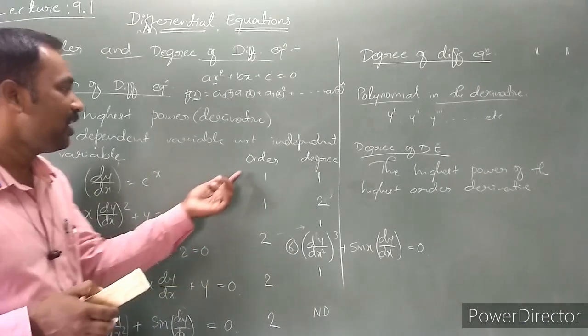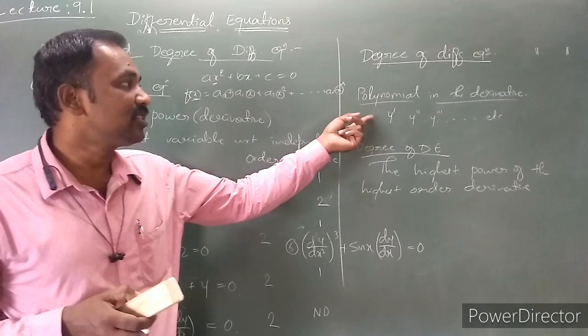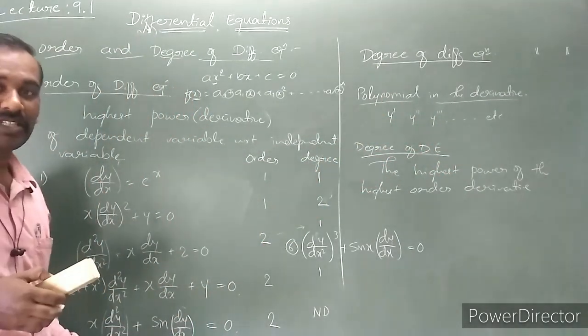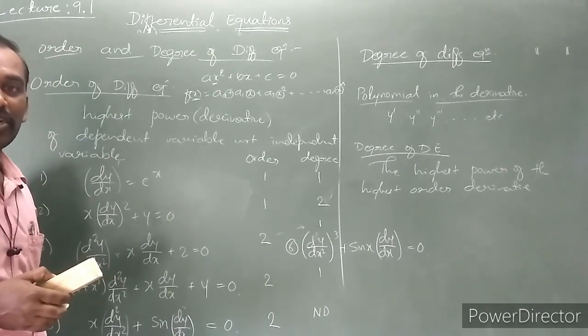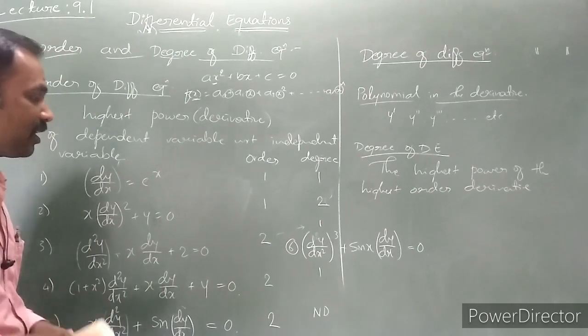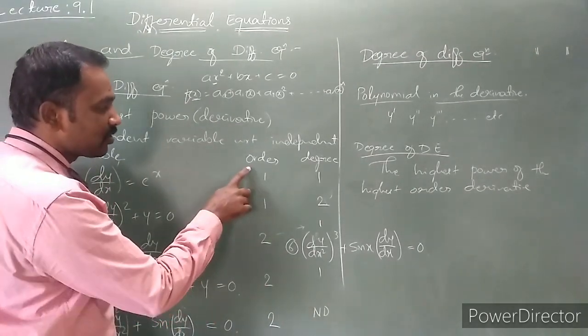Degree is not defined whenever the differential equation is not a polynomial of derivative. In such a case only the degree is not defined. In other cases degree is defined. Are you clear? Next, come to the sixth one. What is the order of the differential equation?